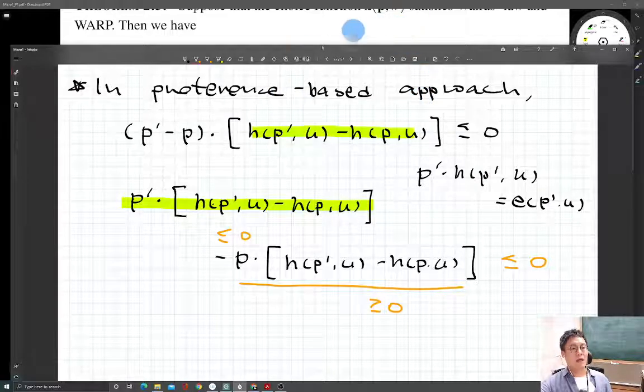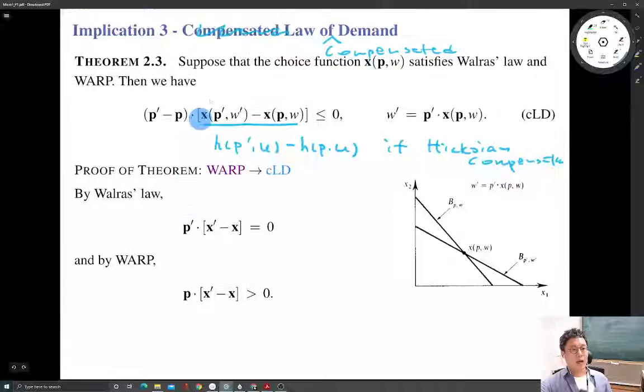In line with this, we can establish the law of compensated demand in the label-preference-based approach. Now the Hicksian demand is replaced with this choice function with adjusted income, by way of Slutsky compensation.